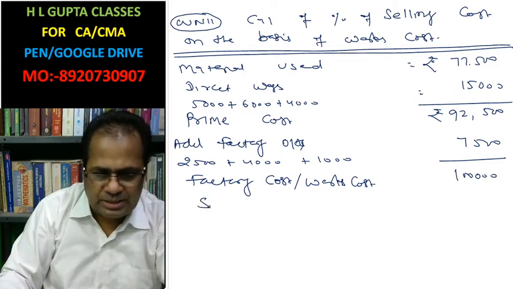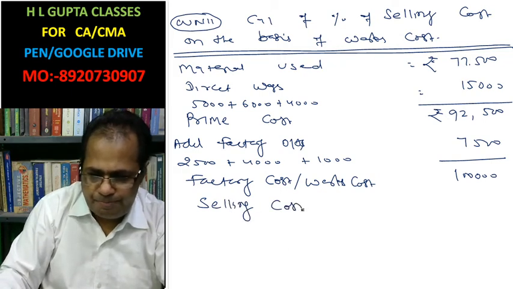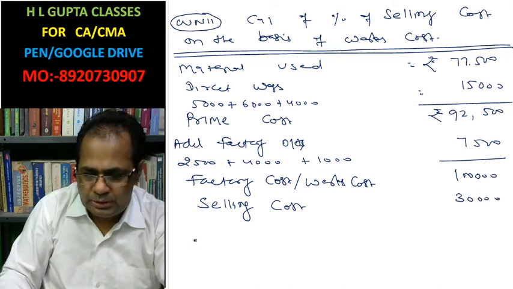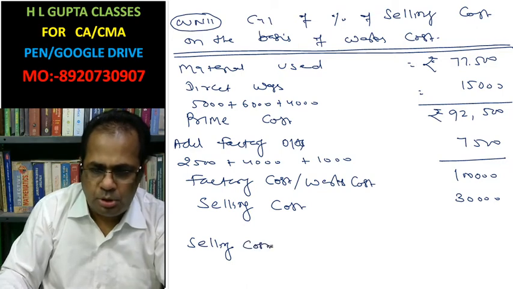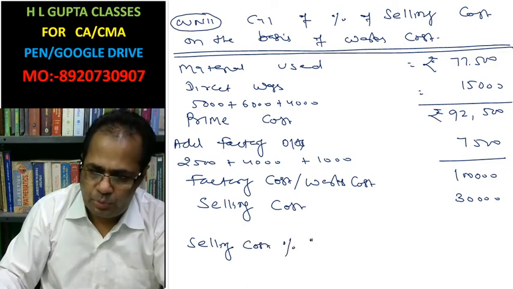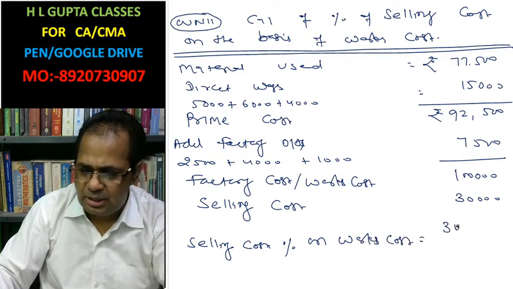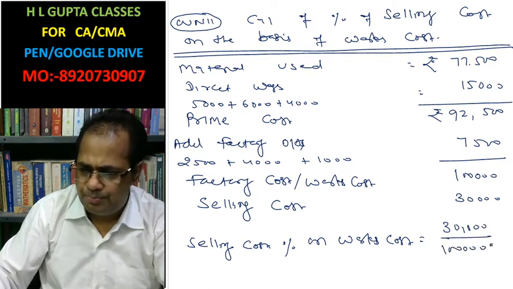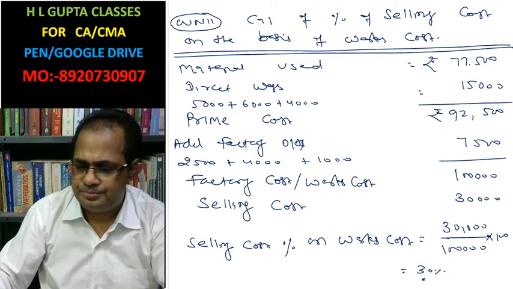Selling overhead, selling cost, 30,000. Selling cost percentage on work cost: that is 30,000 selling cost over 1 lakh into 100, this is 30%.